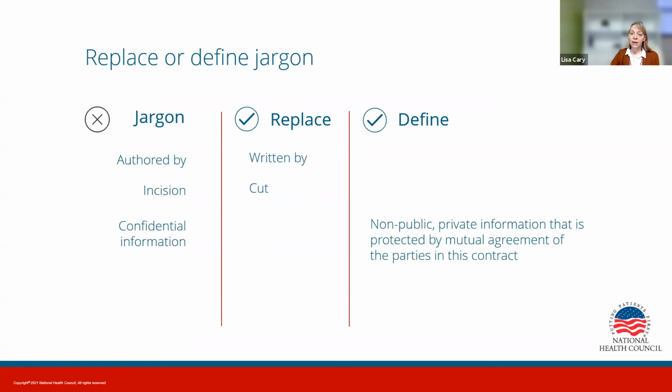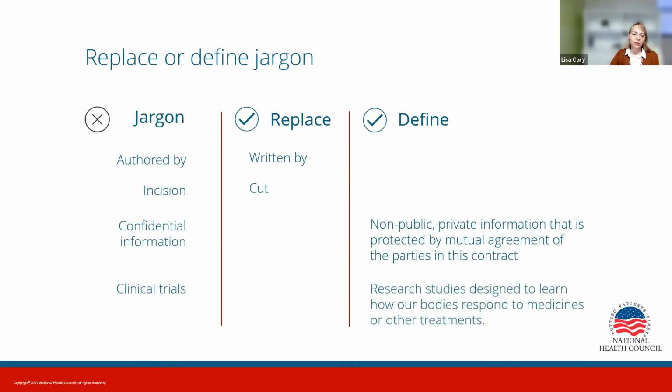So we would define it on first use as non-public private information that's protected by mutual agreement of the parties in this contract. Similarly, clinical trials, if people are considering joining a clinical trial, they need to know what it is. And so you would say research studies designed to learn how our bodies respond to medicines or other treatments.